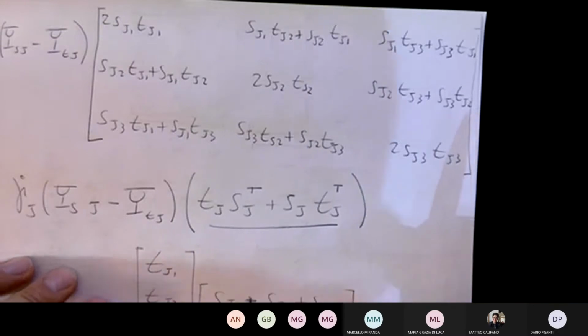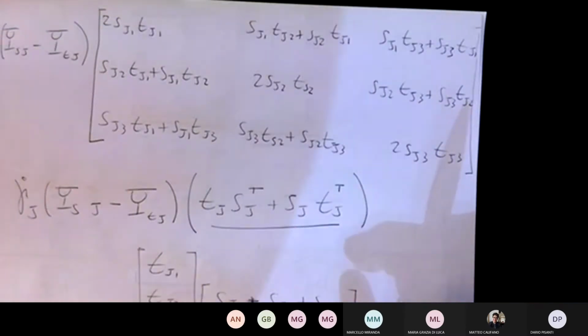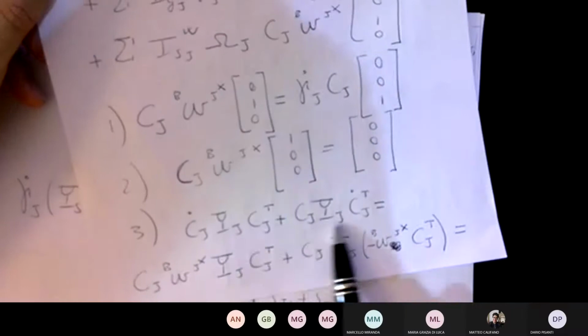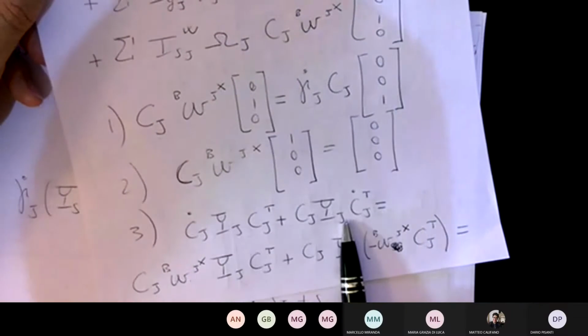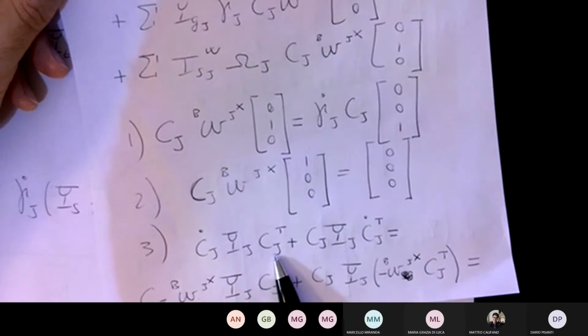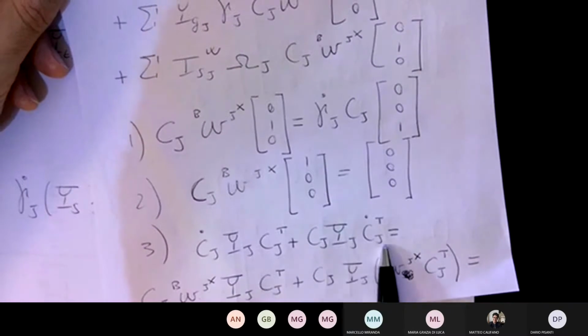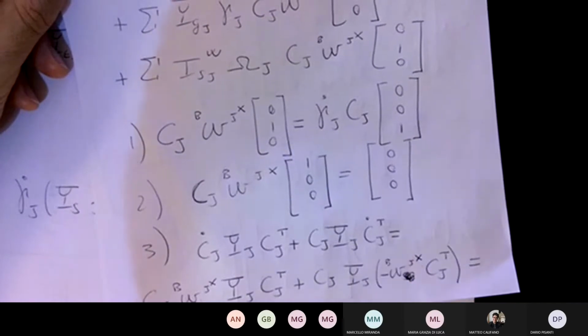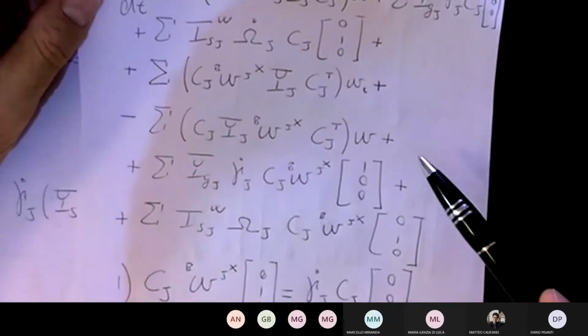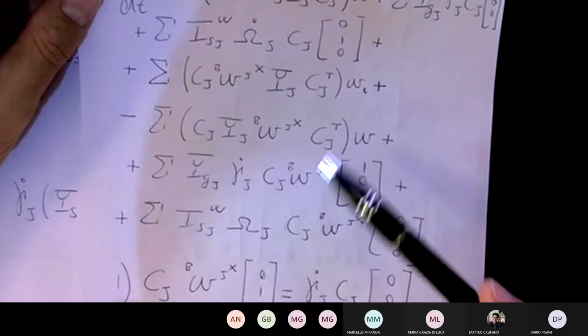After having done this, I go back to my notes and find it. So, you know, this is what I was doing. I was focusing on this term here, Cj dot Yj Cj transpose plus Cj Yj Cj transpose dot, because in my derivatives here, they do appear.